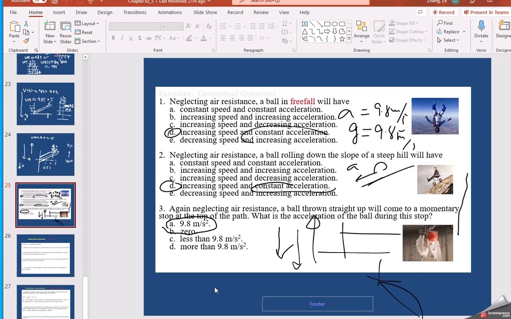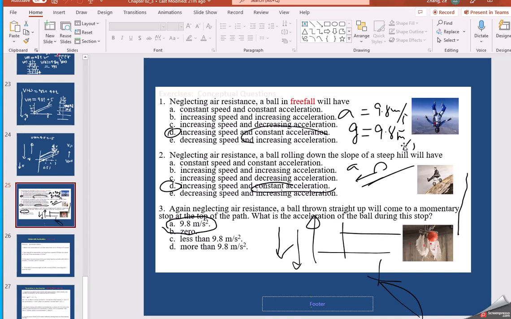This video summarizes what we discussed about accelerated motion, in particular the projectile or free fall object, today in the class. An object that is in free fall always has a constant acceleration of 9.8 meters per second squared. What does that mean?